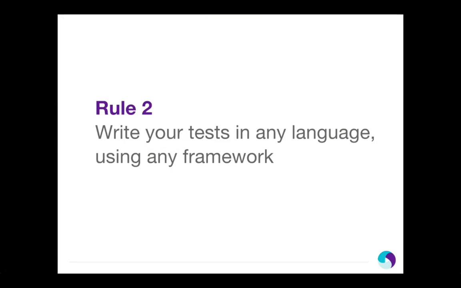Secondly, we live in a world where people code in all kinds of languages, increasingly multiple languages in a given day. So why should your test framework tell you which language you have to use? And why should your test framework tell you which other framework tools you can use or not use, and which APIs you can use and not use?